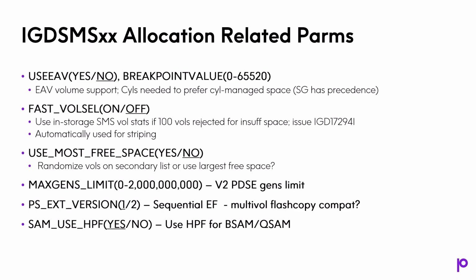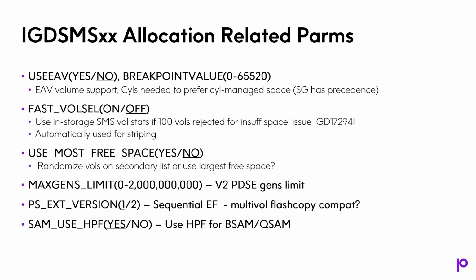Or if I have no volumes in the primary list and everything's in the secondary list, do I choose the volume with the most space, or do I choose a volume randomly? If I choose the volume with the most space, I have a better chance of getting my data set allocated, but I will also tend to force all the allocations towards that volume. So it's a two-edged sword there.